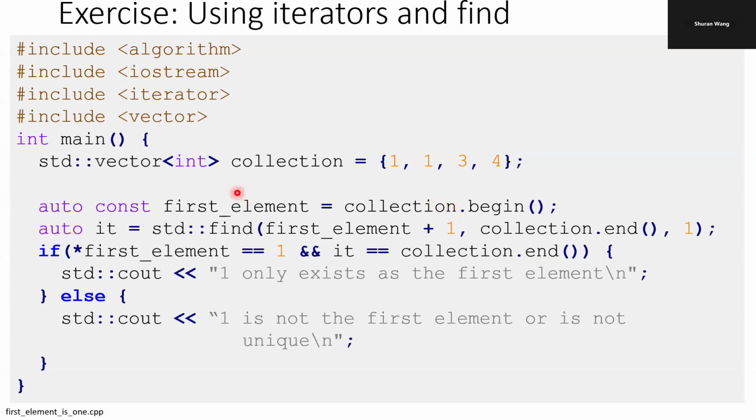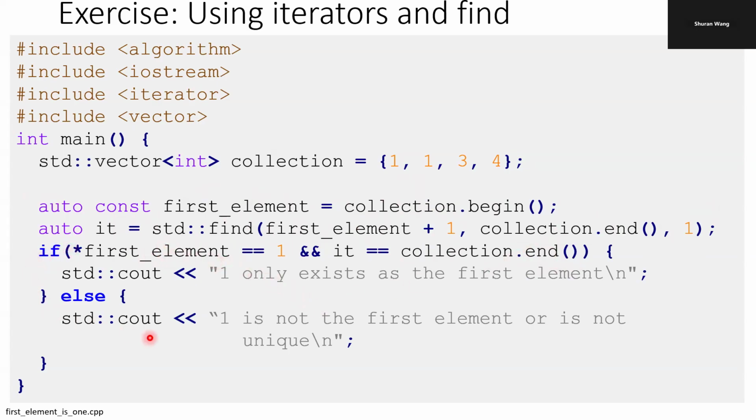So this code, we first get the first element from the collection, and then we use find to search for first element plus 1 until the end for 1. So if the first element is 1 and it returns collection.end, that means that only the first element is 1.